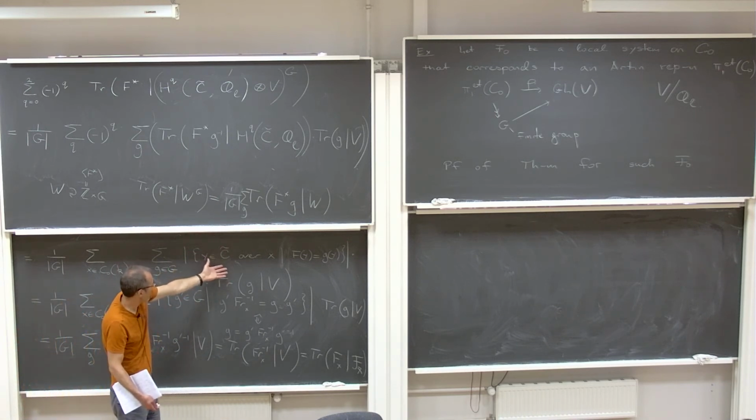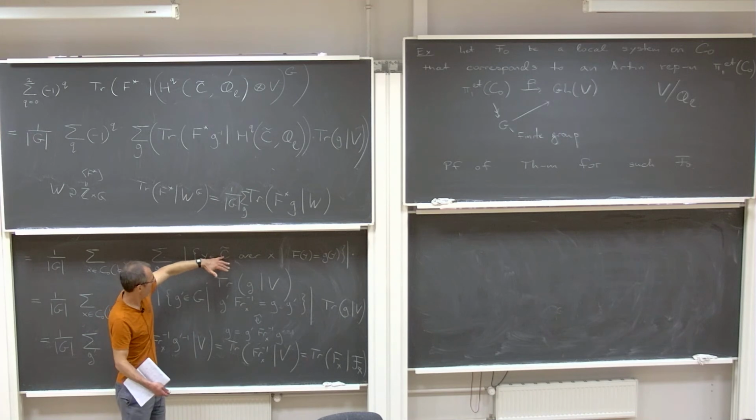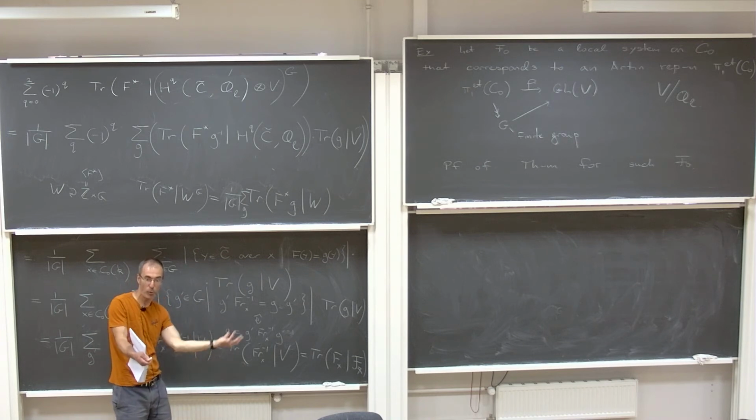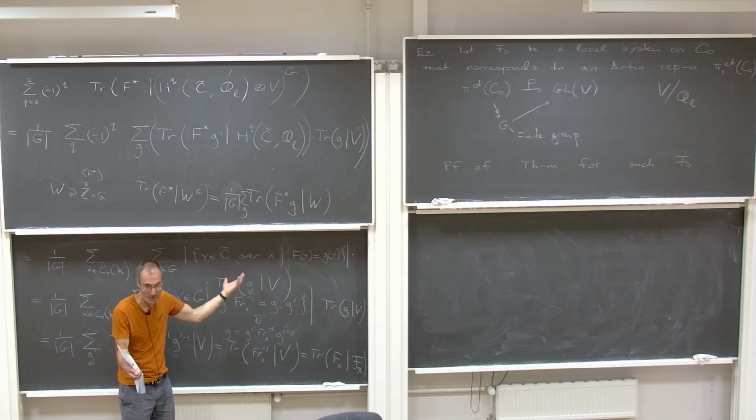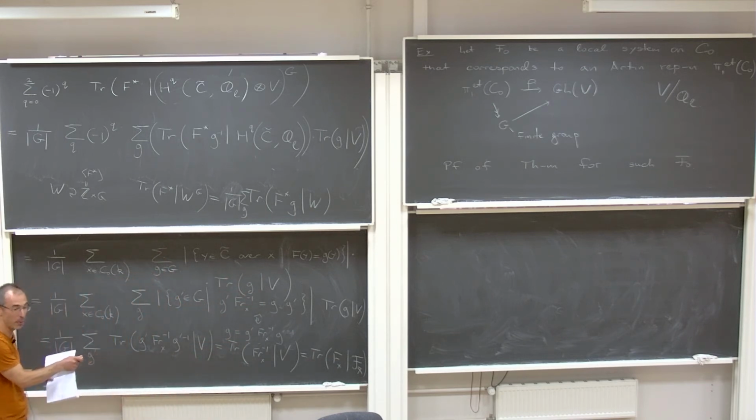Well, we can't even start, because we started with a finite étale cover C tilde of C, such that the pullback of our local systems to C tilde is trivial. In general there is no such a cover. So what can we do?